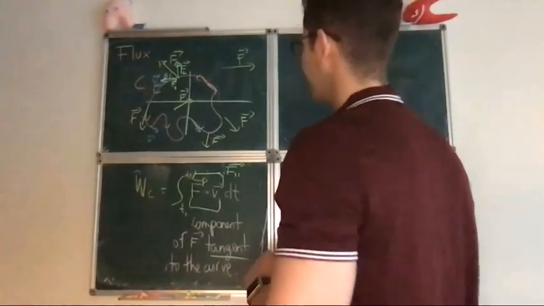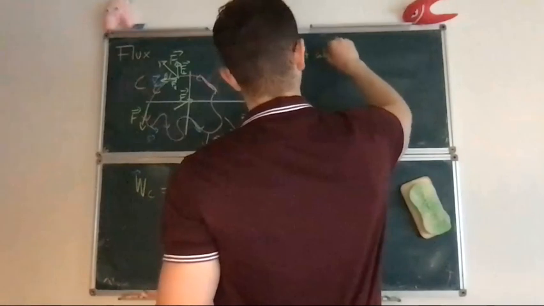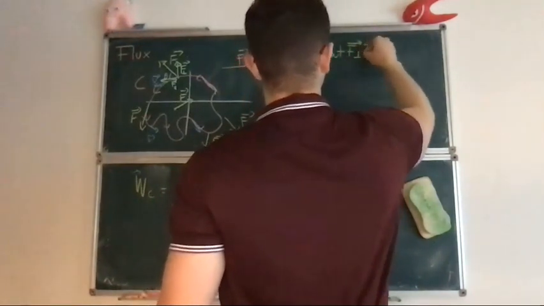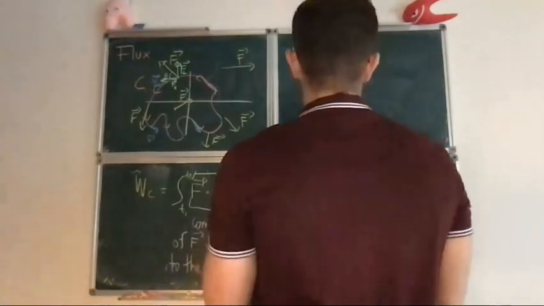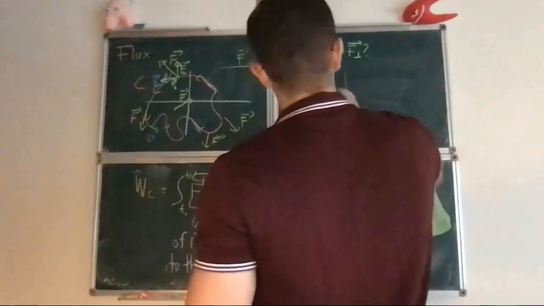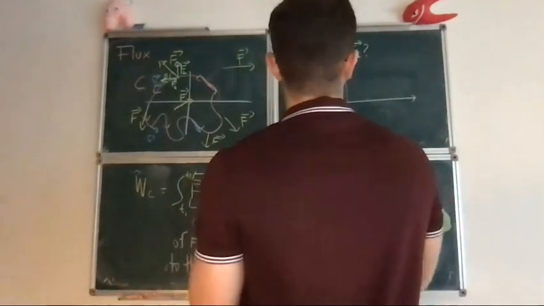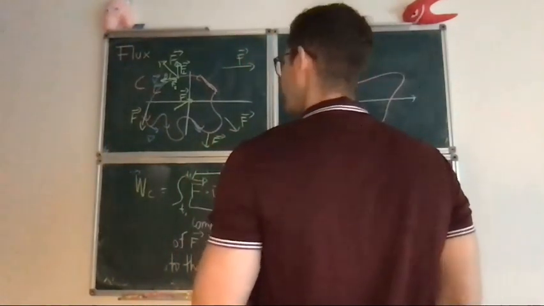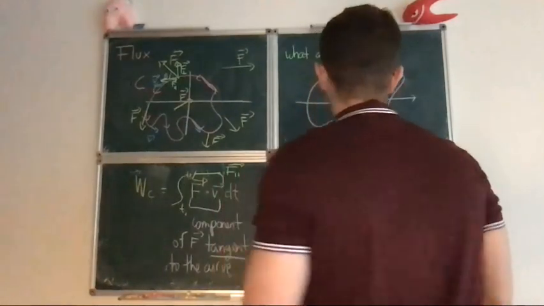And so the question is, what about the perpendicular component? In order to think about this better, let's draw this again, and let's reinterpret a little bit what this force is supposed to be.